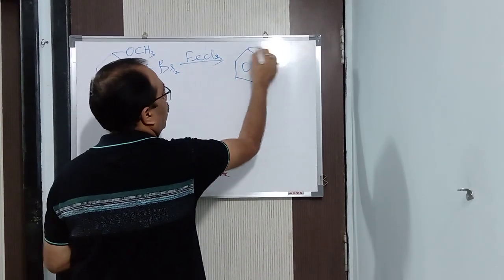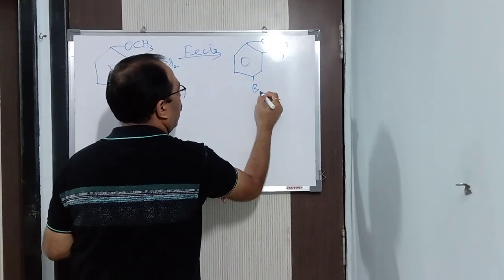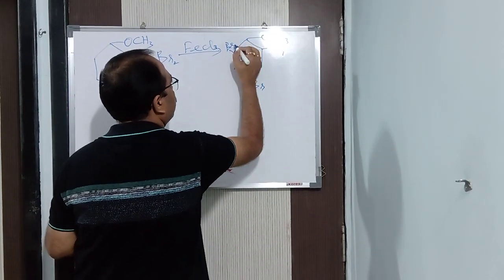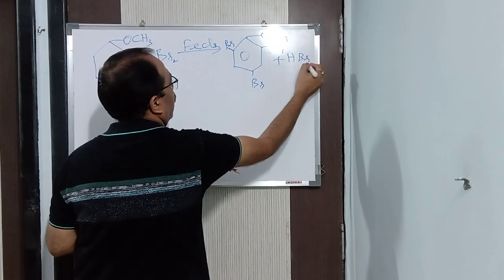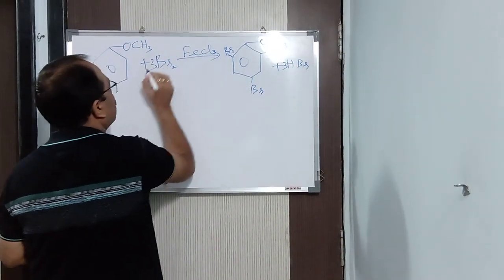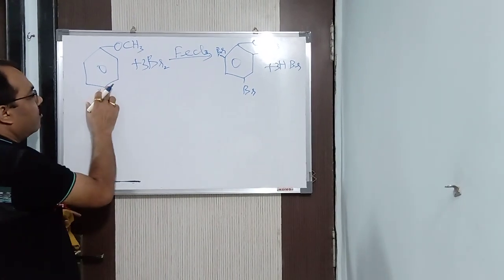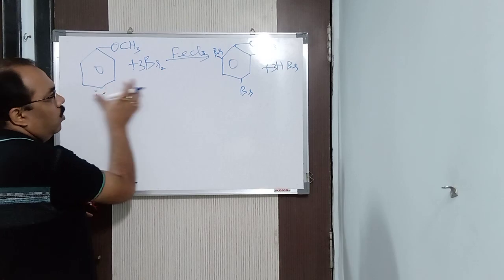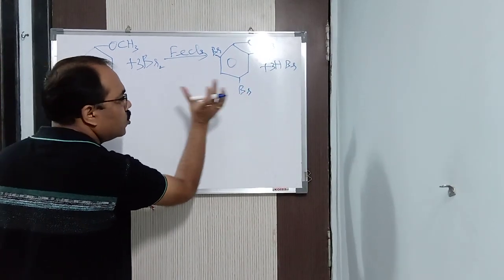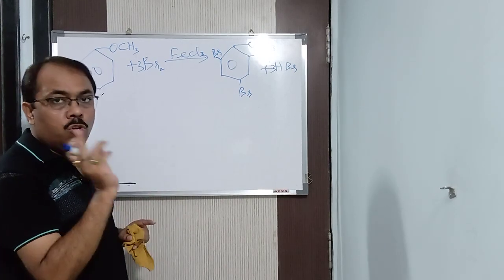That means the product is OCH3 with bromine at each of those positions, plus 3 HBr, because 3 hydrogens are removed, so 3 Br2. So in presence of FeCl3, excess bromine reacts with anisole to form a tri-substituted product. Remember that, it forms a tri-substituted instead of a mono-substituted product.